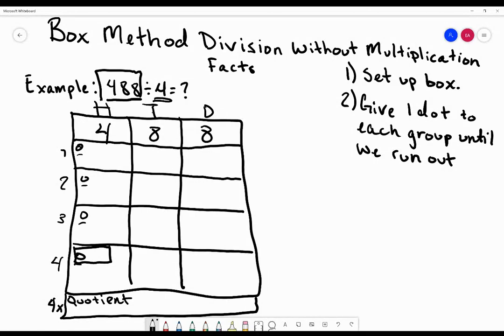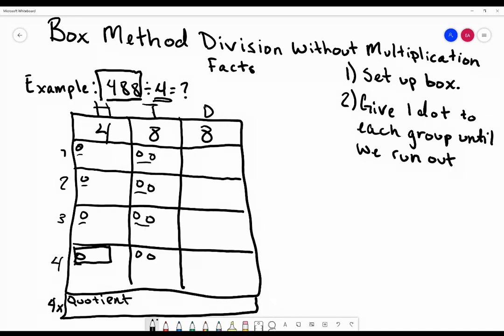And again, we're going to give 1 dot to each group until we run out. So let's go ahead and get started with that. So we have 1, 2, 3, 4, 5, 6, 7, 8.